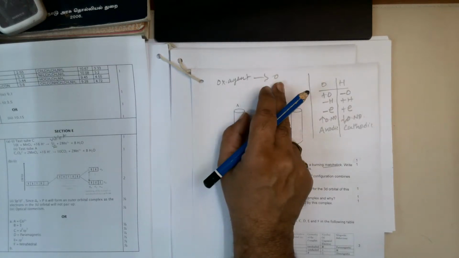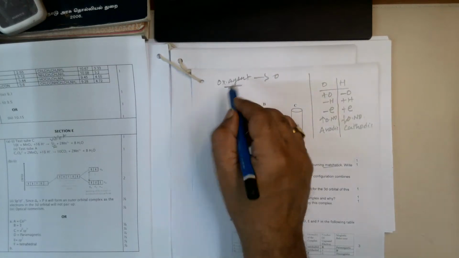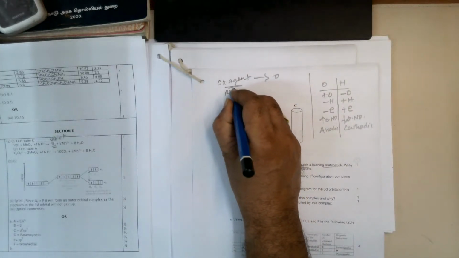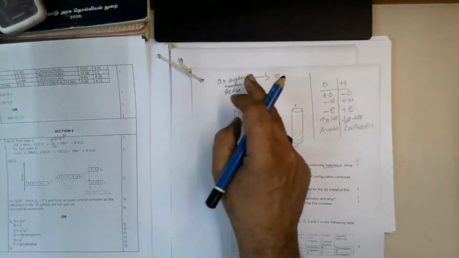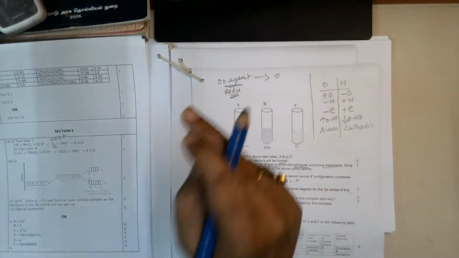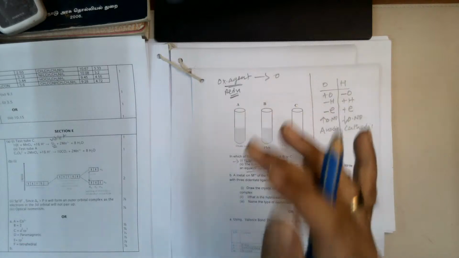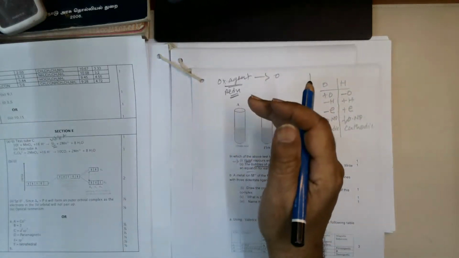So when it gives out oxygen, what happens to this oxidizing agent? Actually, it undergoes reduction. So you must remember this. Therefore, an oxidizing agent undergoes reduction. You got this point? Similarly, a reducing agent undergoes oxidation. Okay, you got this point? Right. Now, let us proceed further.